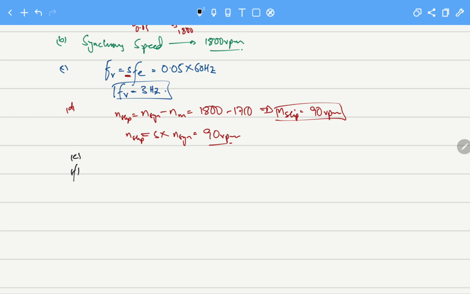By the formula, the voltage induced in the rotor has a direct relationship with the applied voltage multiplied by the slip.